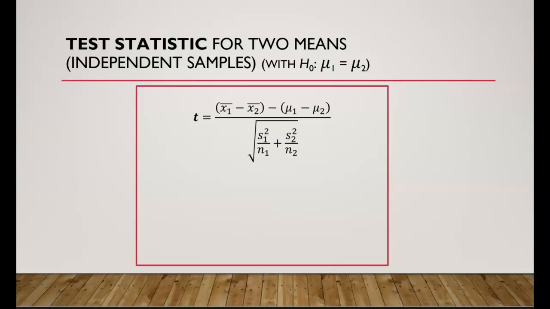Our test statistic is t because we are testing population means, and we will use Table A-3. t is equal to the difference between sample means minus the difference between the population means, divided by the square root of the sum of the standard deviation squared of the first sample divided by the total number of observations in the first sample, and the standard deviation of the second sample squared divided by the total number of observations in the second sample, where the null hypothesis is that there is no difference between two population means, mu1 minus mu2 equals 0.